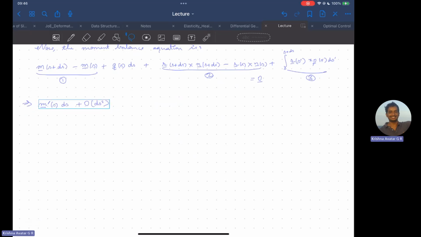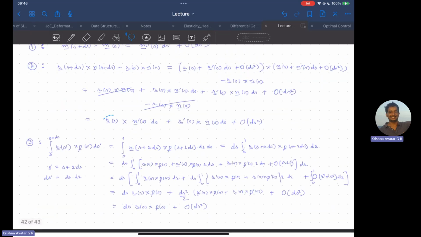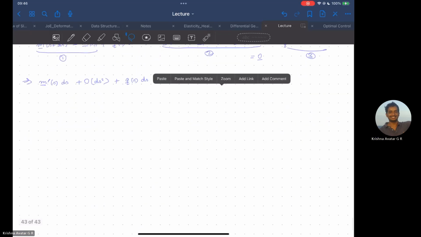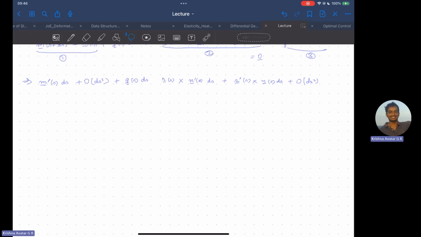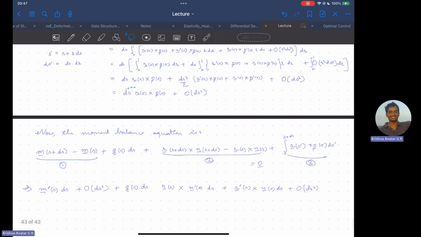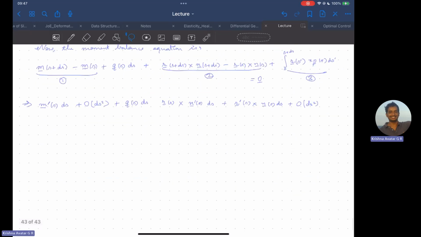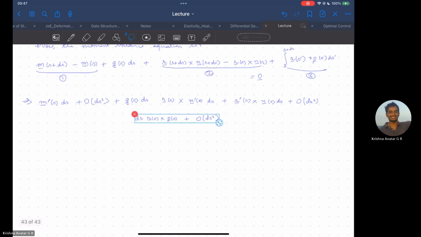The second term gave us this. Copy and paste it here. This was the fourth term. Copy and paste it here. So plus plus is equal to 0 vector, right?